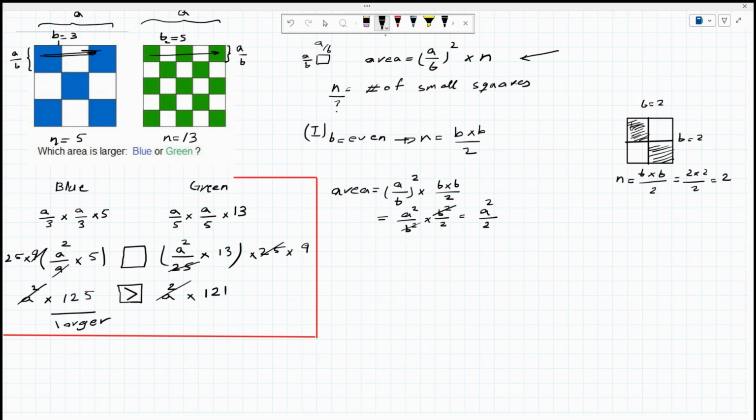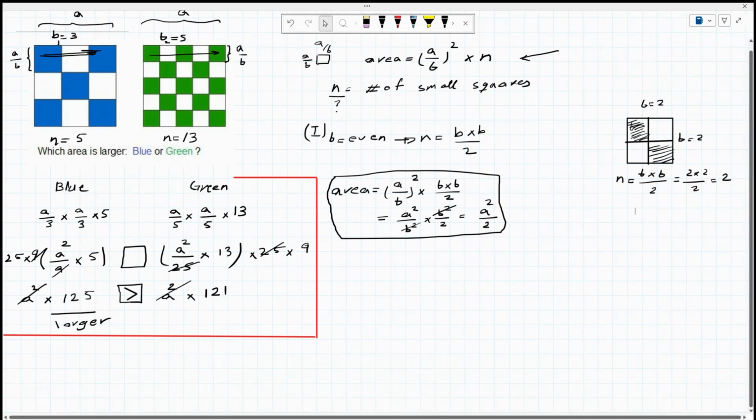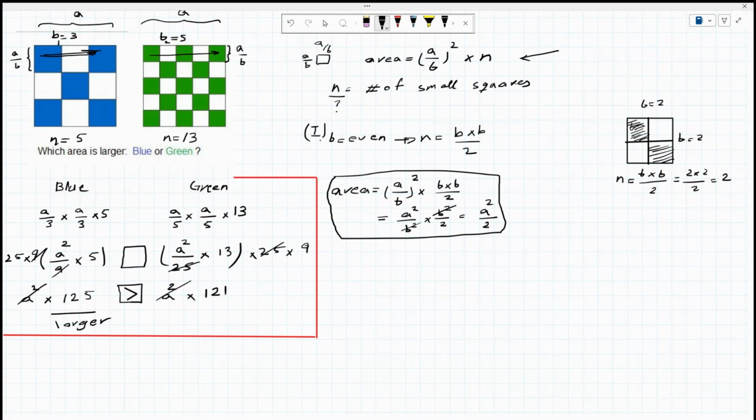So as you see, the value of area is totally independent of the value of b. So this means that if you have two rectangles here, and one of them is divided into, let's say, 1000 small rectangles, and the other one is, let's say, 1400 small rectangles.